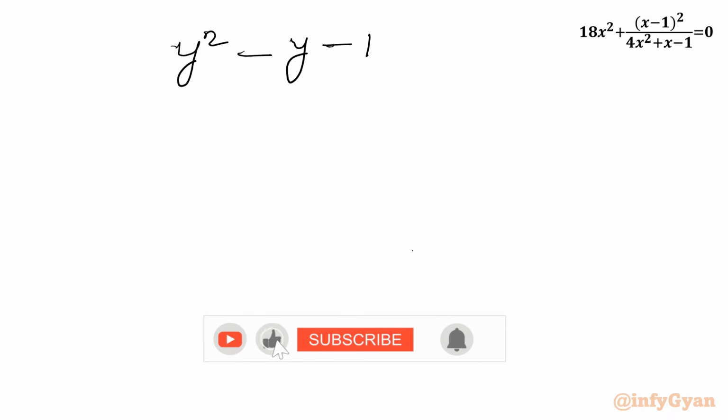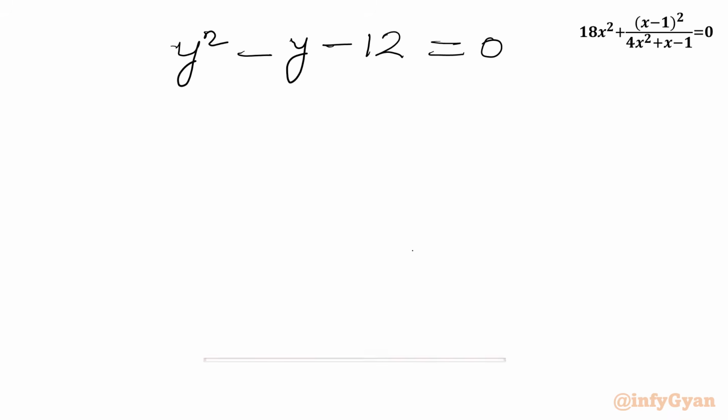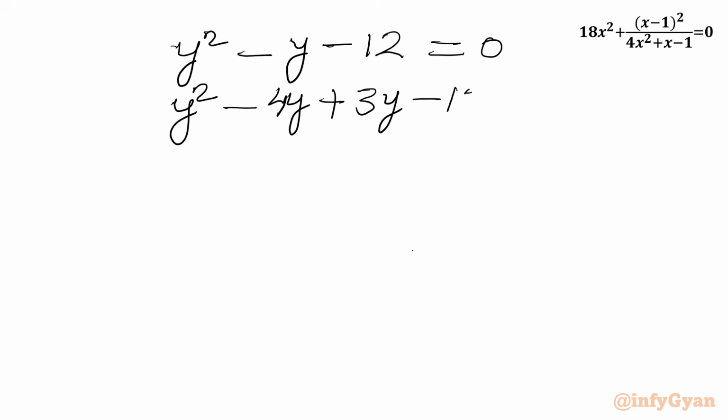Now we will solve this quadratic equation y square minus y minus 12 equal to 0. We'll solve using the factorization method. I will write here y square minus y can be written as minus 4y plus 3y. Then we have minus 12, RHS is 0.